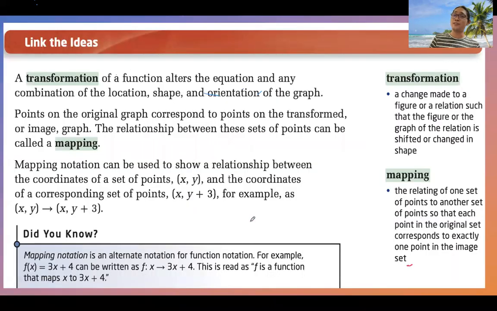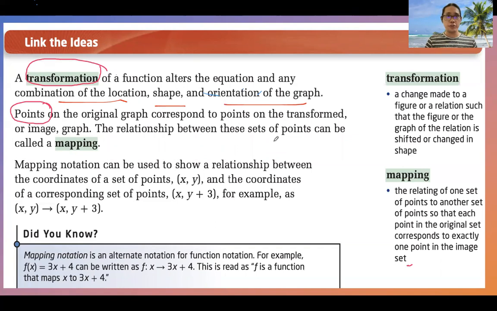Now let's try to link all the ideas that we have in the activity. We can say that a transformation of a function alters the equation in any combination of the location, shape, and orientation of the graph.